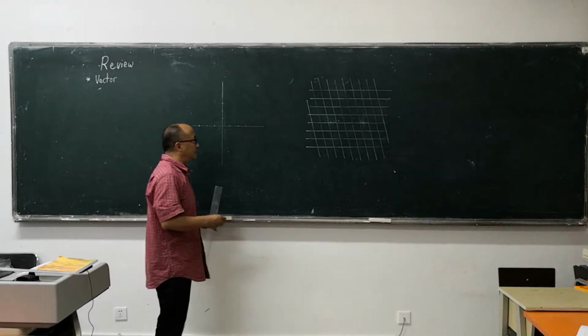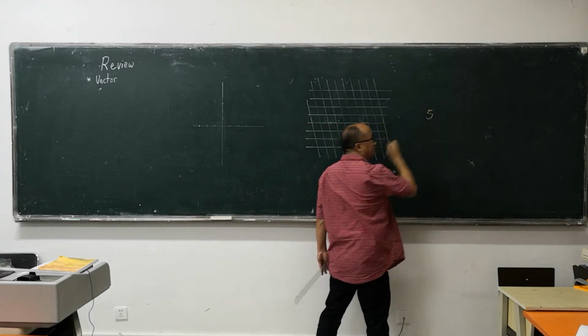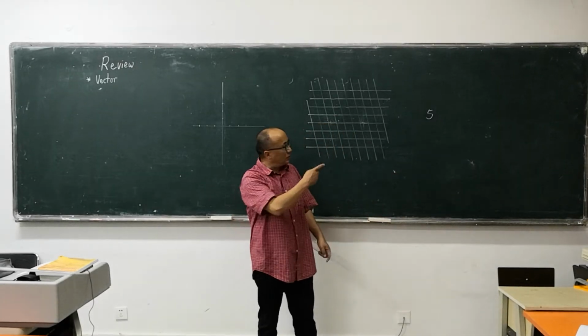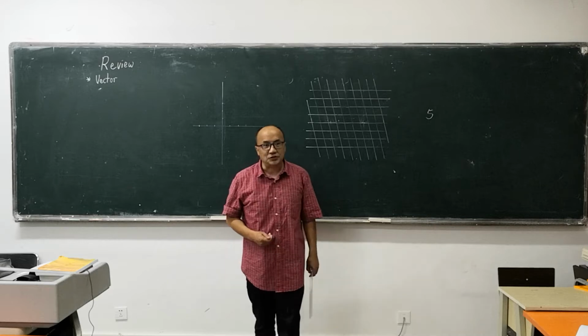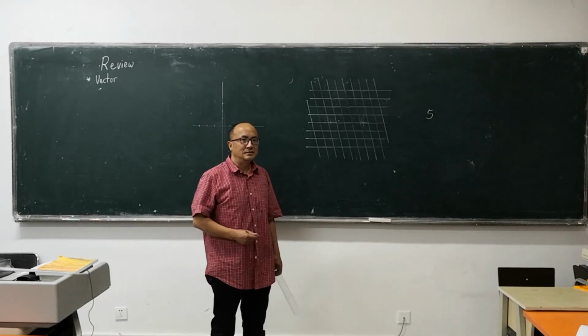Normally, we have a number like 7 or 5. This 5, we just know is the number 5. It doesn't give us direction.